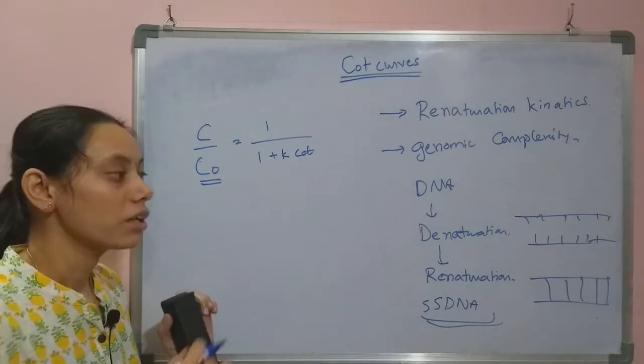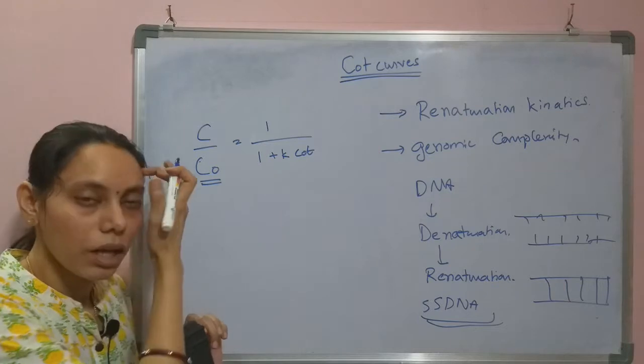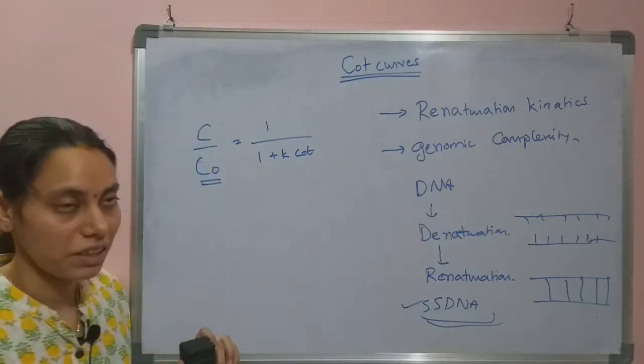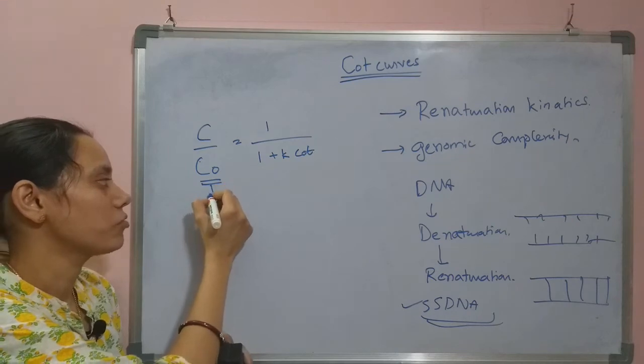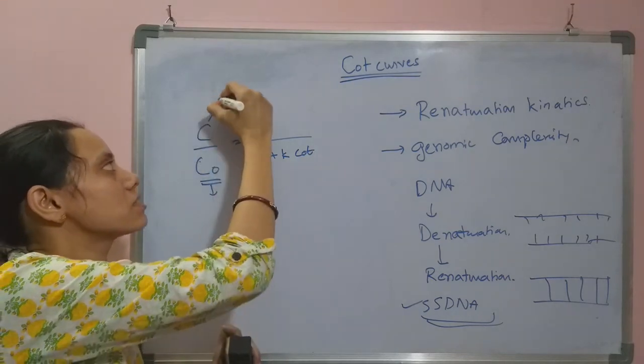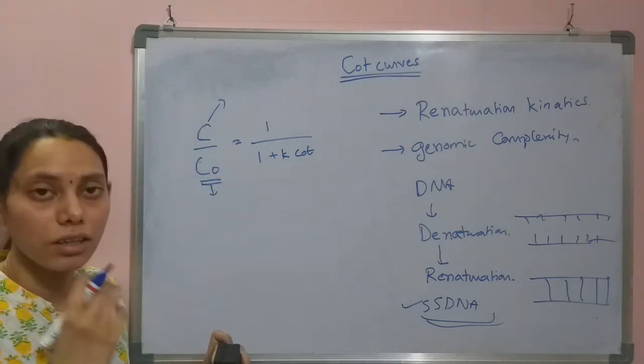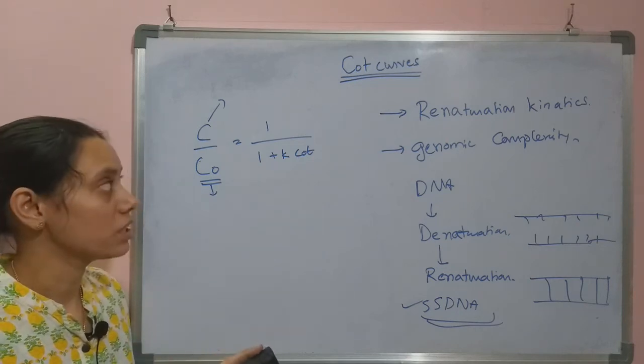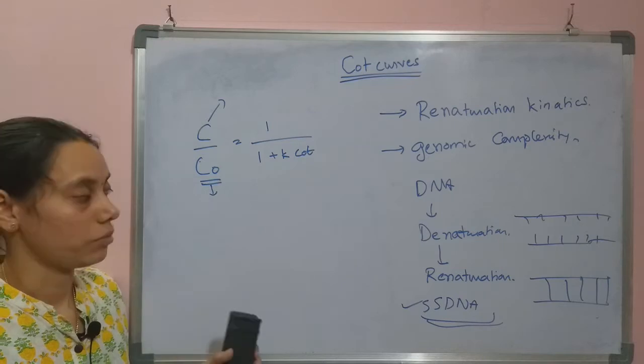Here C0 indicates the content of DNA at the initial time. That means the total amount of single stranded DNA is expressed as C0. And C is, as already discussed, the content of DNA that is left single stranded at time t.